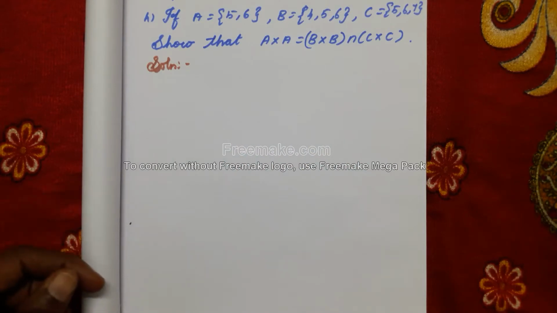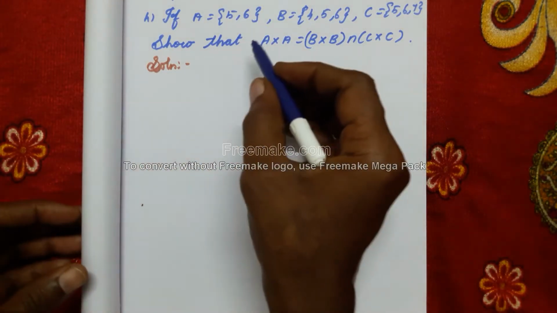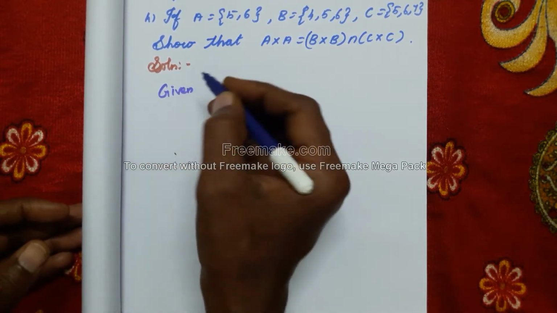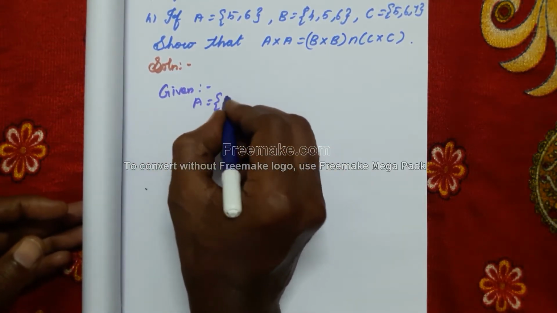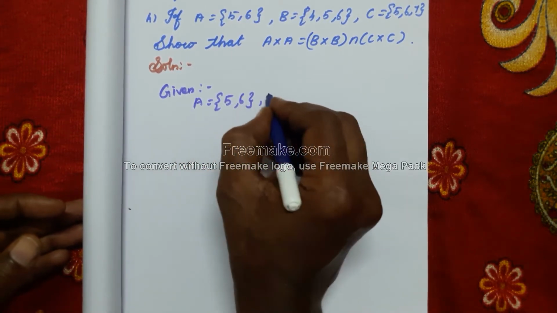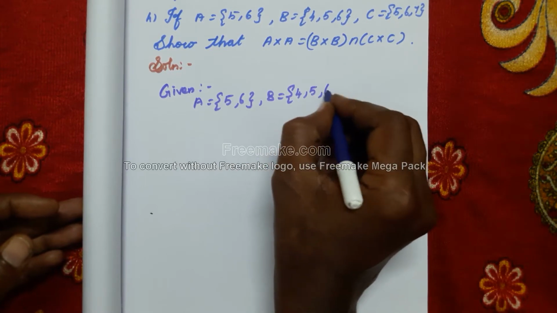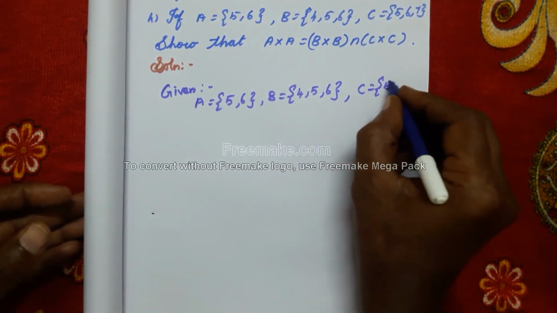Then the fourth question, I am going to teach the fourth question. Exercise 1.1, fourth question. First I am writing the given values. A is equal to {5, 6}. B is equal to {4, 5, 6}. C is equal to {5, 6, 7}.